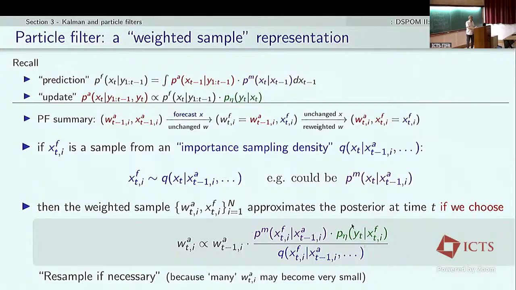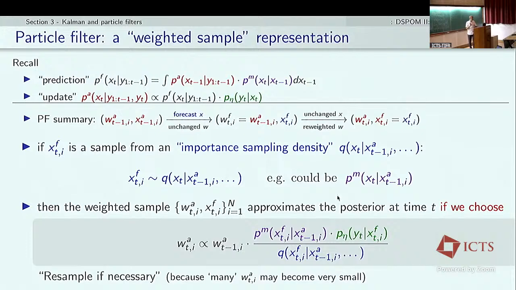Multiply by the posterior at time t, which incorporates Bayes' theorem, and the 1 over q in order to incorporate the fact that we have an importance sampling density that we use to get the samples out of. Okay. For now, forget the last line, resample if necessary. It will take a little more time to explain than I have right now, so let me skip that.